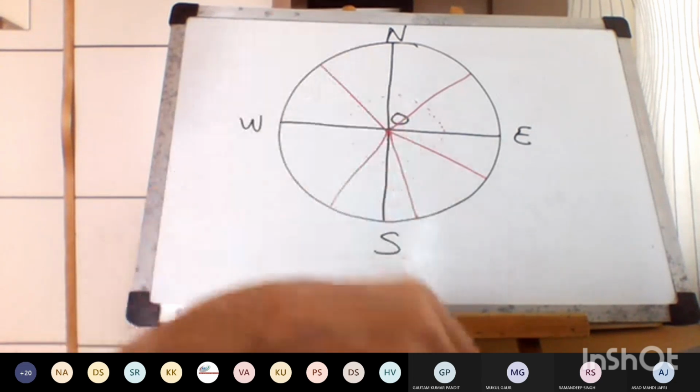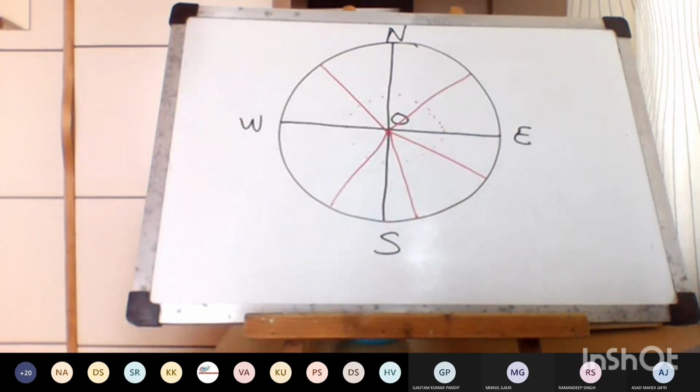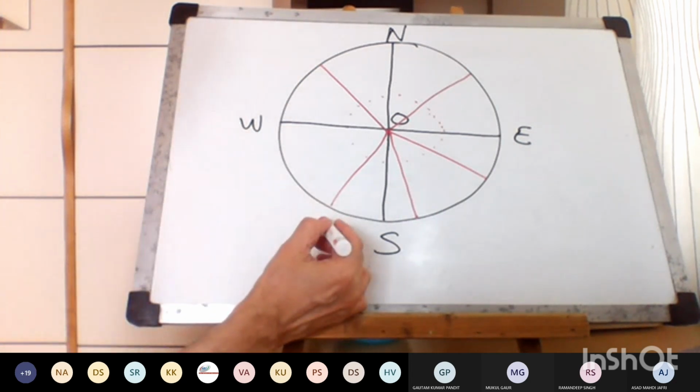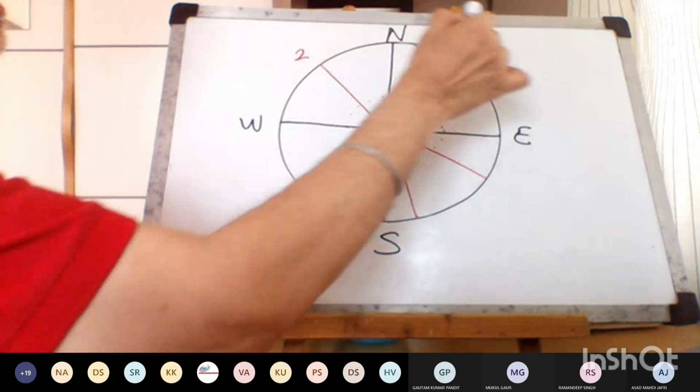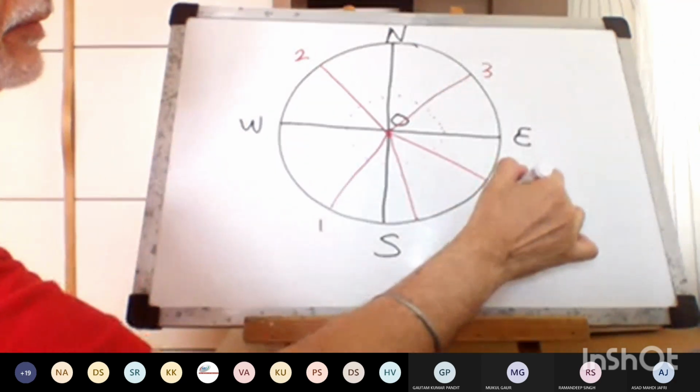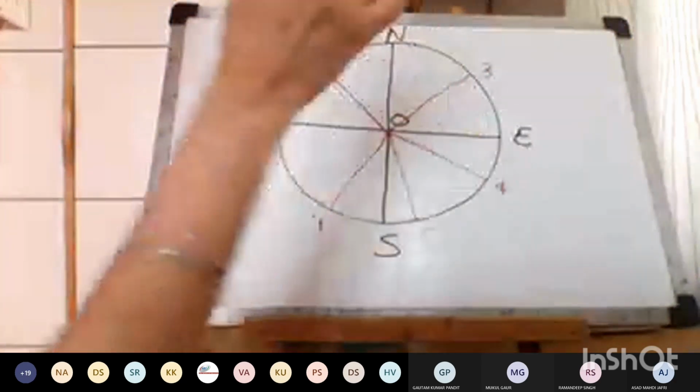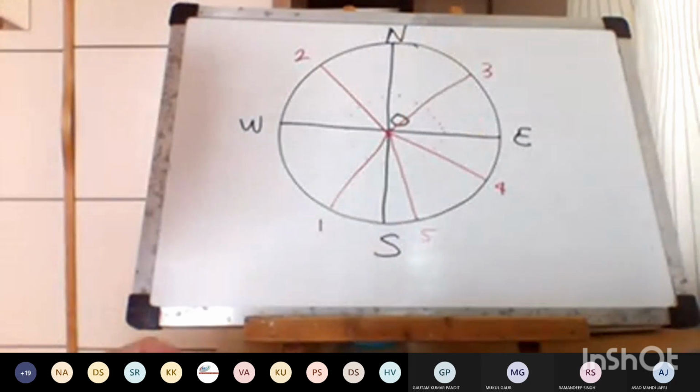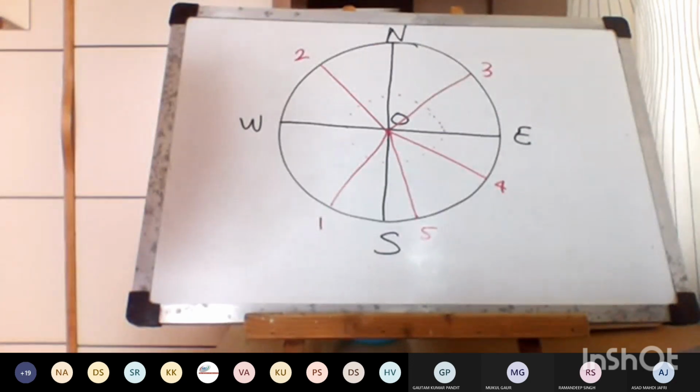This is the observer's meridian. So what is the LHA? Let me number these also 1, 2, 3, 4, 5. There are 5 positions of the heavenly body, 5 meridians passing through the 5 positions. This is the observer's meridian in the north-south direction.